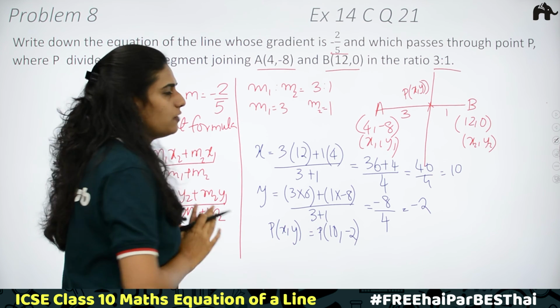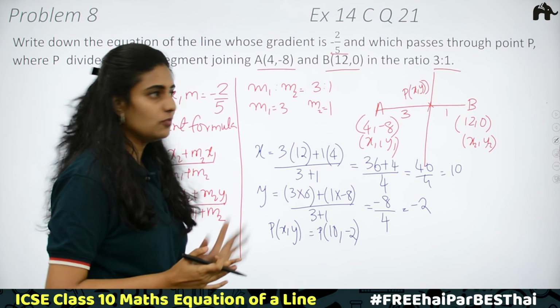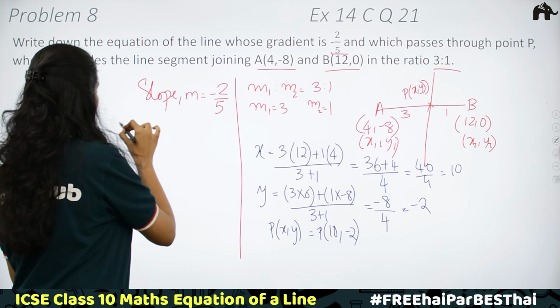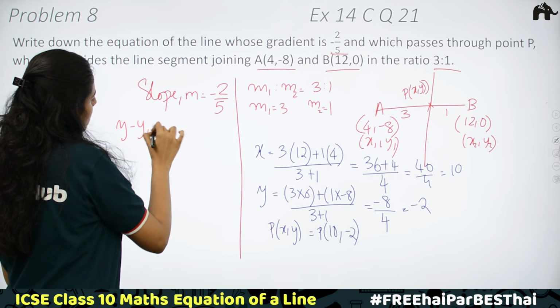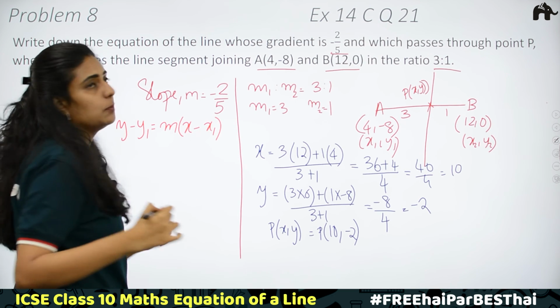Now, what do we need to find? We need to find the equation of the line. We got the point. We know the slope. Yes. Point-slope form: y minus y1 is equal to m into x minus x1. Put the values.